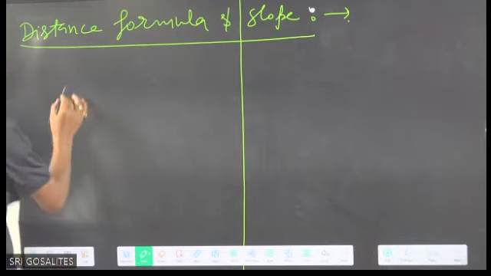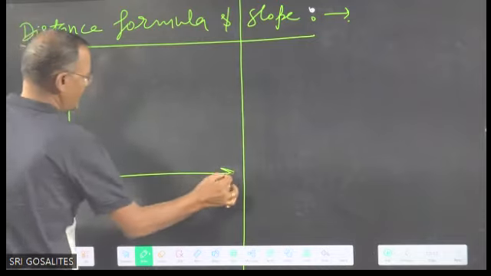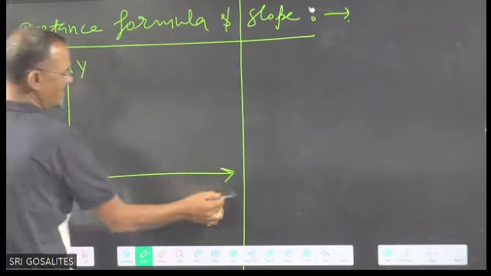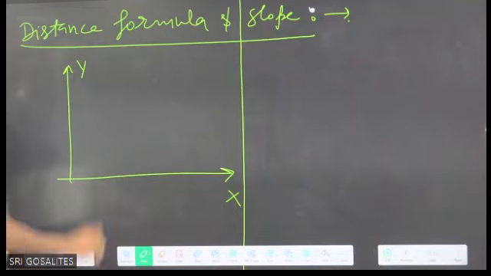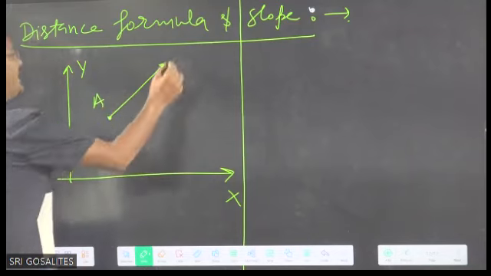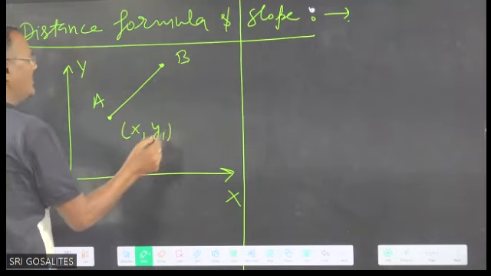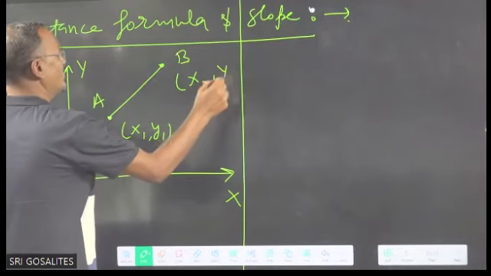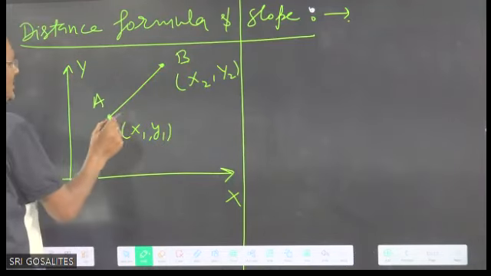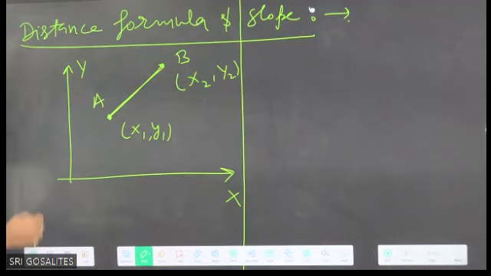So now what happens? Suppose here this is the y-axis, this is the x-axis, right? Now here we have 2 points A and B. Coordinates of A are x1 and y1, coordinates of B are x2 and y2. Okay, then what is the slope of this line? We want to calculate the slope of this line.